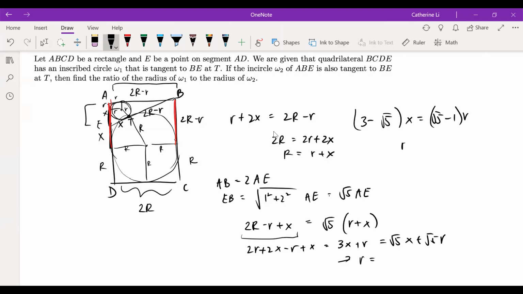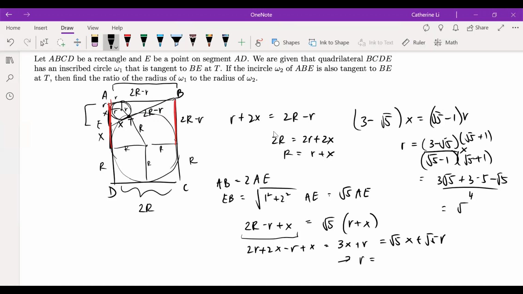So r equals 3 minus root 5 over root 5 minus 1 times x. And that gives us root 5 minus 1 over 2 x.